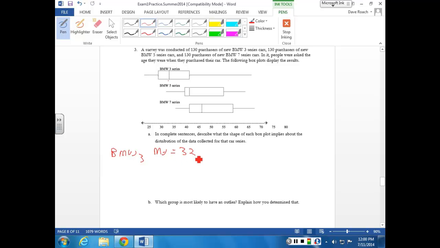And you can see that it's really spread out. It could be anywhere from about 24 to maybe, I'm going to say, about 67. And you can see by the long tail here that this is going to be skewed to the right. That the BMW 3, maybe that's the less expensive of the cars, and people maybe can afford that when they're younger.